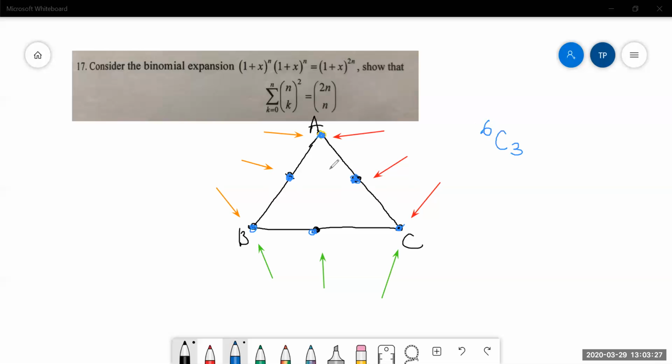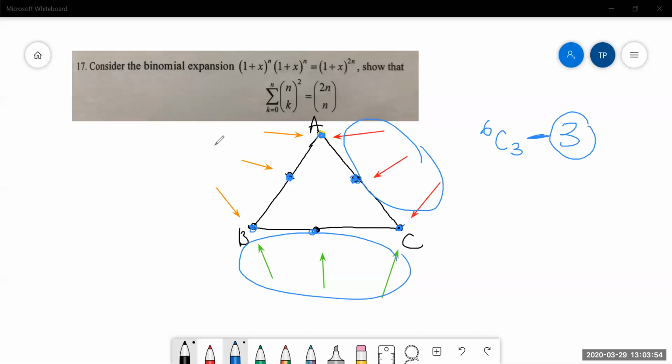Then after that, we have to minus. Wait, why 6 and not 9? We only have 6 points. Oh, yeah, right. There's 3 points overlapping. Yes. So 6, we choose 3 points. Then after that, we minus 3. What does this 3 represent? It represents this 1, 2, and 3. Then you should get the answer.